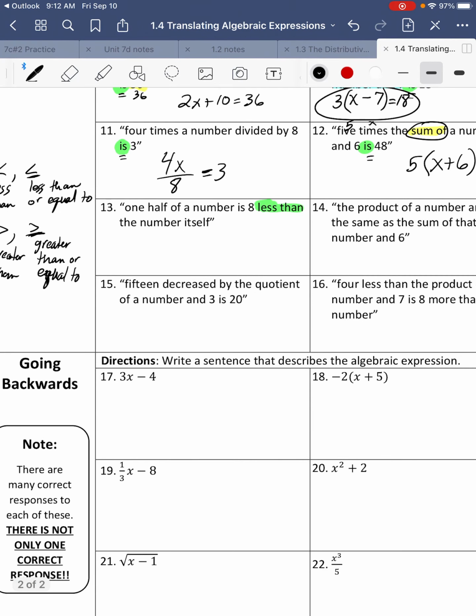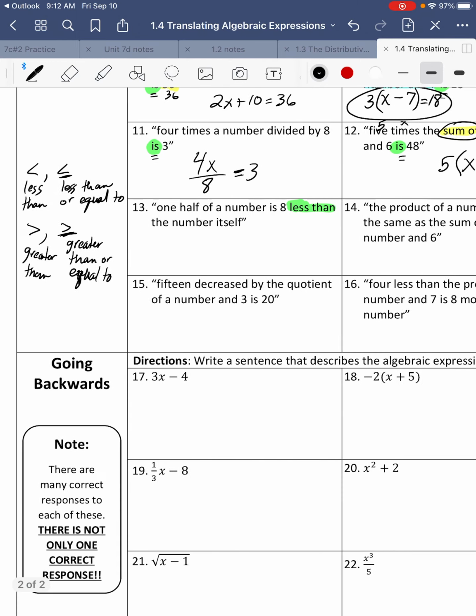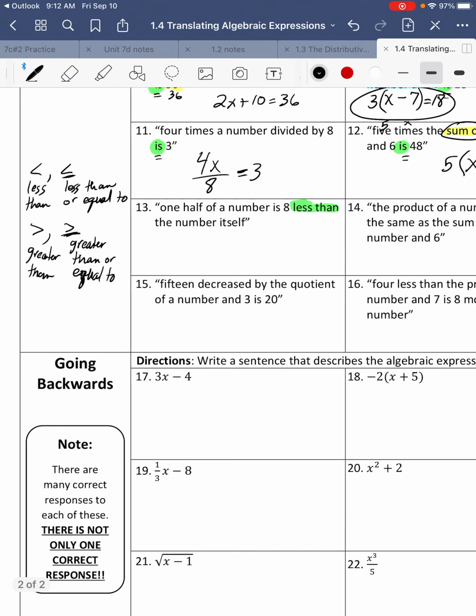So you see those words, 1/2 of a number, and 1/2 of a number is 8 less than the number itself.